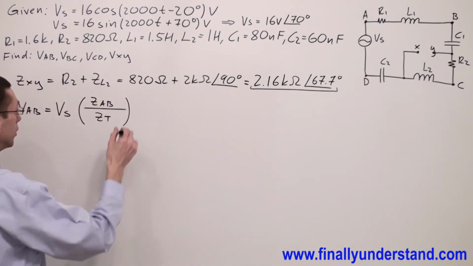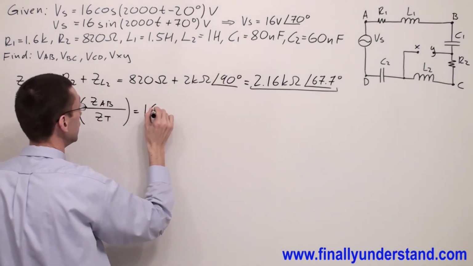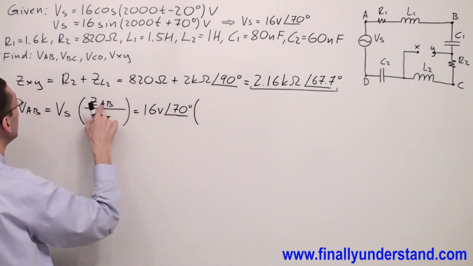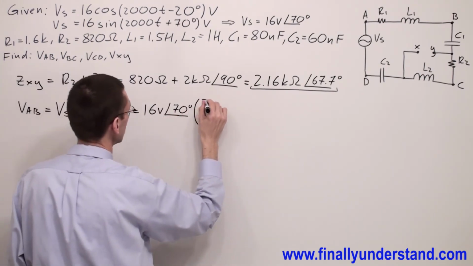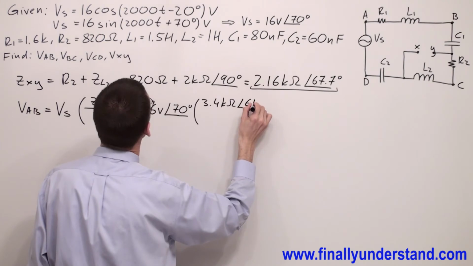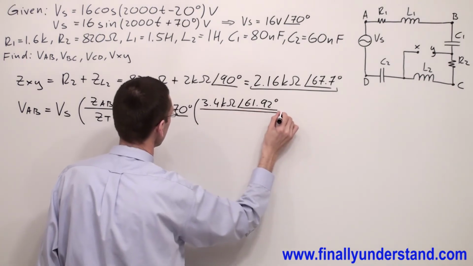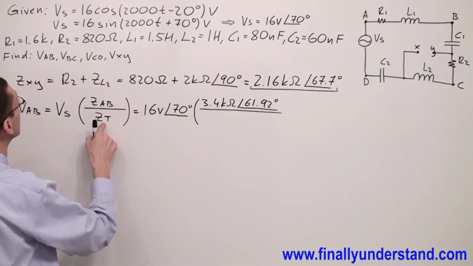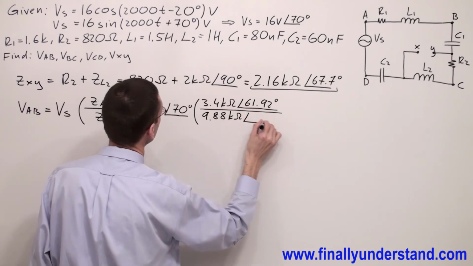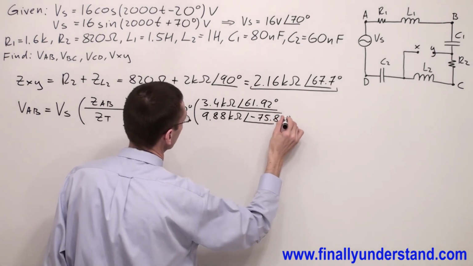All right, so we have voltage source equals, I'm going to use polar form, 16 volts and angle of 70 degrees times ZAB, where ZAB is equal 3.4 kilo ohms and angle of 61.92 degrees over Z total, which is equal 9.88 kilo ohms and angle of negative 75.82 degrees.